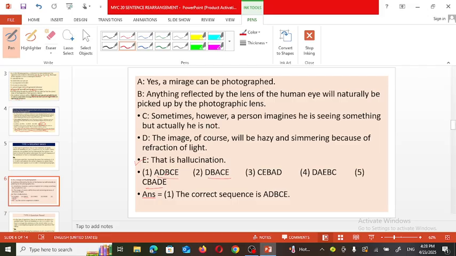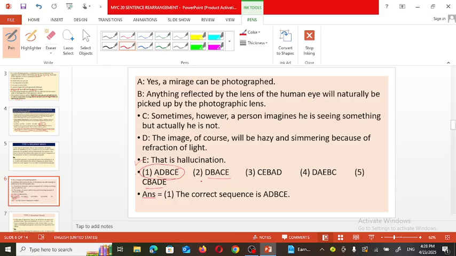So till now everything is going smoothly. Then C: sometimes, however, a person imagines he is seeing something but actually is not, and that's why such a term we can consider as hallucination, and that will be E.